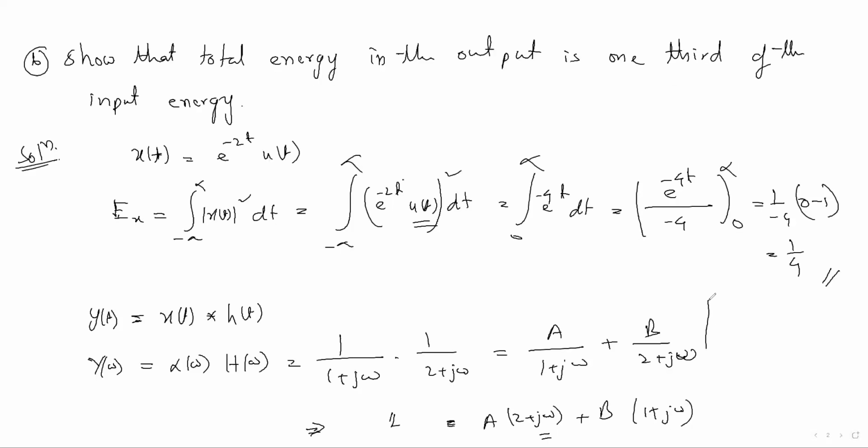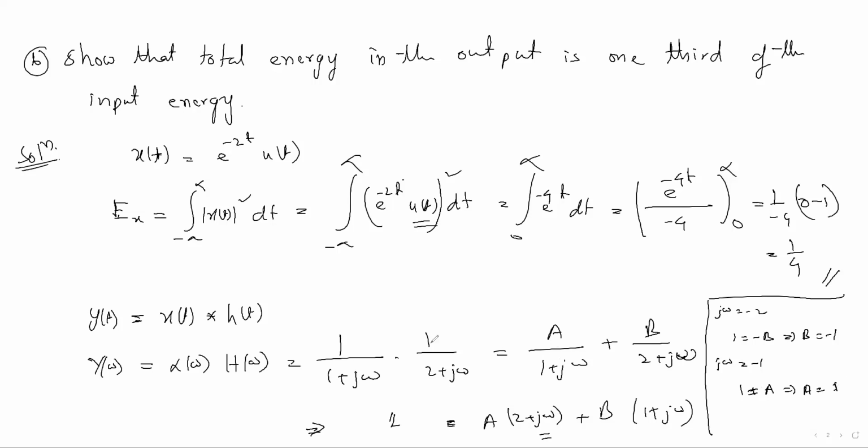Let me solve here only. When j omega equals -2, then A into 0 means 0, and B into 1 plus -2 means -1. So 1 equals minus B, so we get B equal to -1. Now put j omega equal to -1. When j omega is -1, 2 minus 1 means 1. So 1 equals A, so we get A equal to 1.